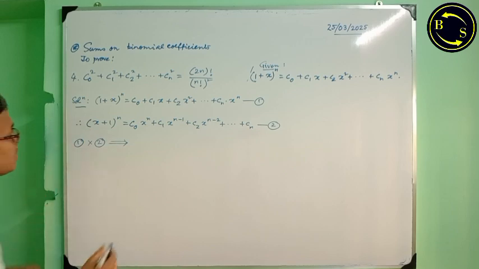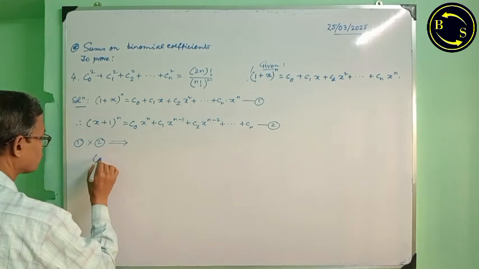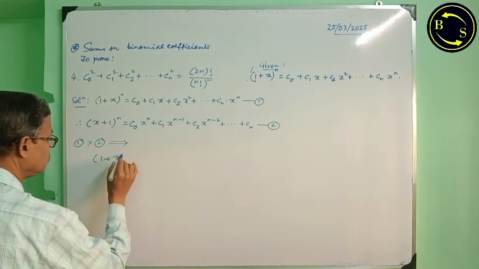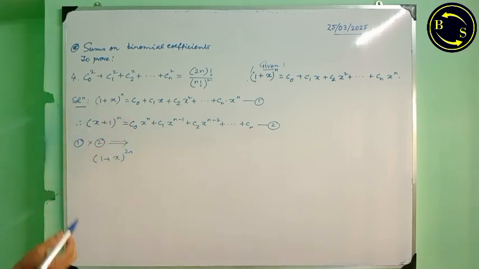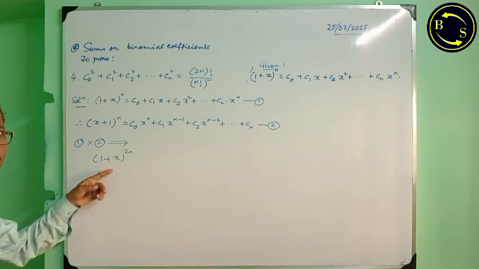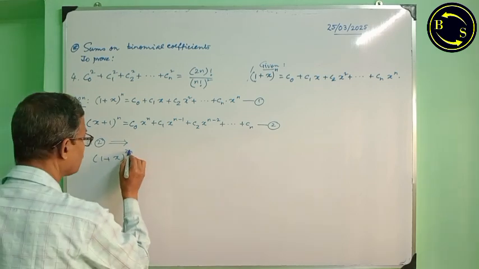Left hand side: x plus 1, 1 plus x both same. Therefore, left hand side will be (1 plus x) whole to the power 2n.